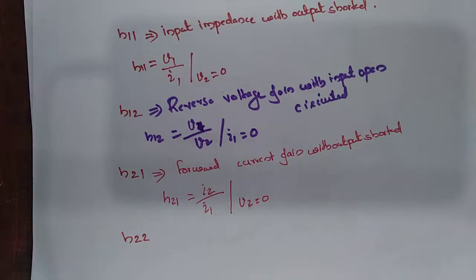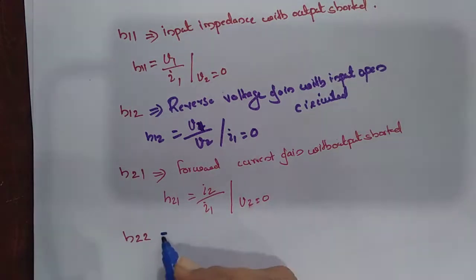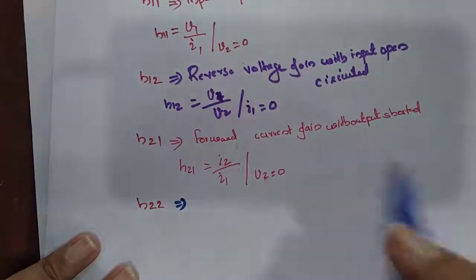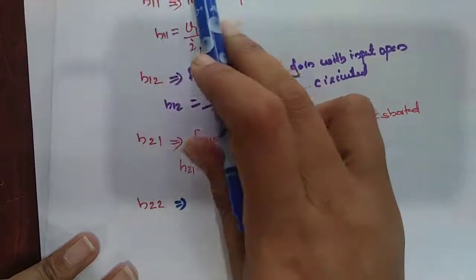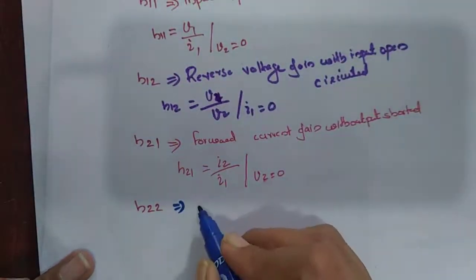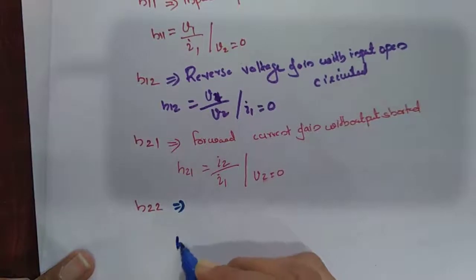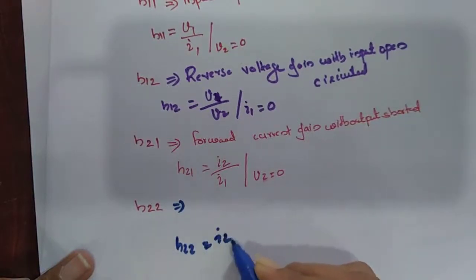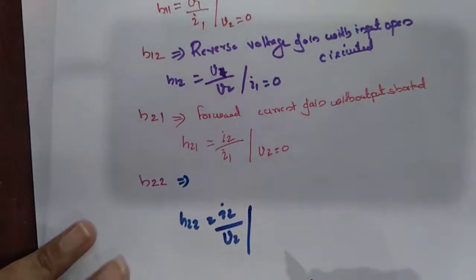Finally, what is the last one we have to study? That is H22. I2 is equal to I1 H21 plus V2 H22, or I can write H22 is equal to I2 by V2 at, which one is constant?